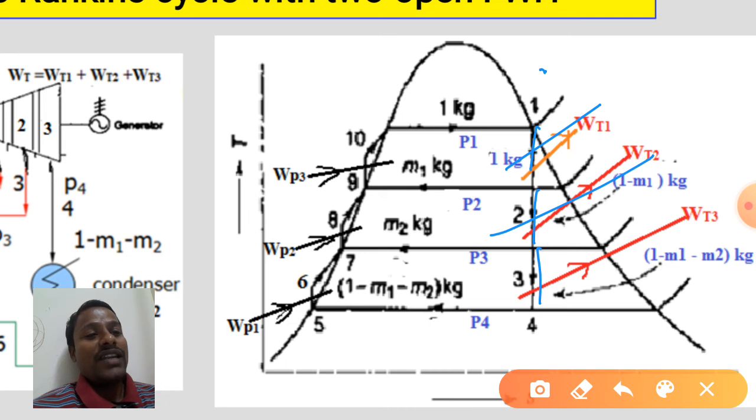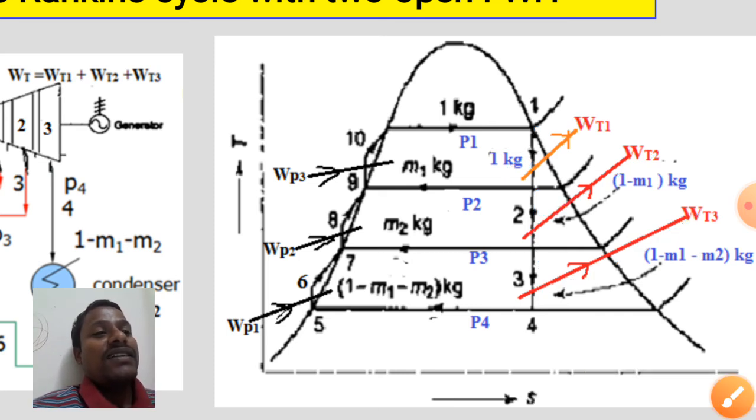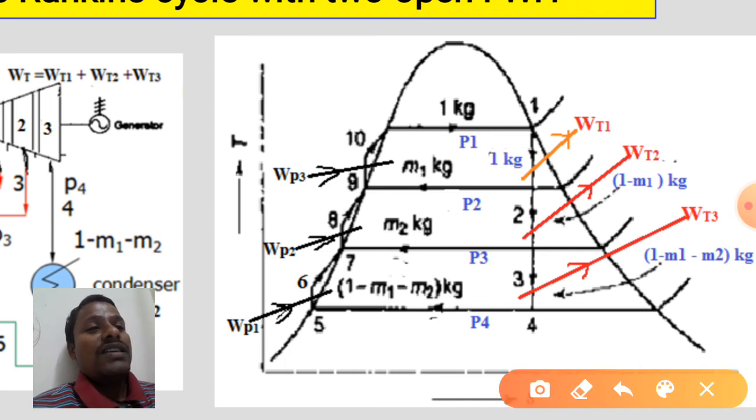From 3 to 4 it undergoes expansion producing WT3. If you look into the mass of steam expanding inside each stage, in the first stage, 1 to 2, the mass of the steam is 1 kg. After that I am drawing m1 kg out at pressure P2. So the remaining steam is only 1 minus m1 kg, which is expanding between 2 and 3 here.